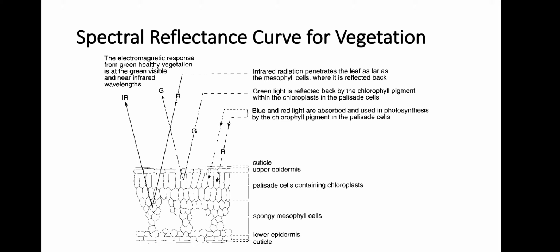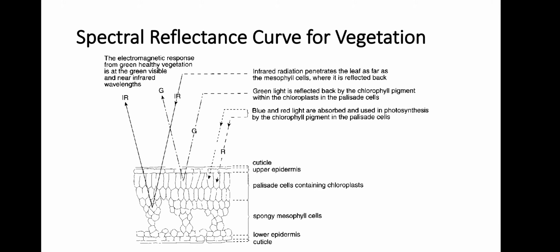Mesophyll cells are within the leaf. The green light is reflected back by the chlorophyll pigment within the chloroplast in the palisade cells. Blue and red light are absorbed and used in photosynthesis by the chlorophyll pigment in the palisade cells.